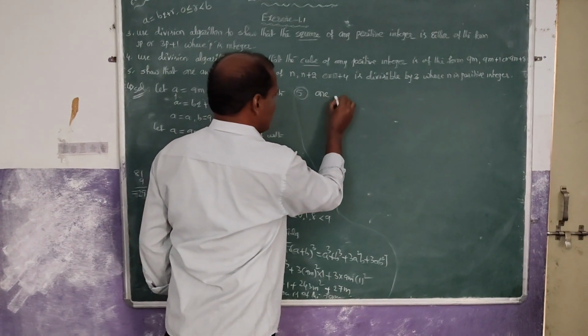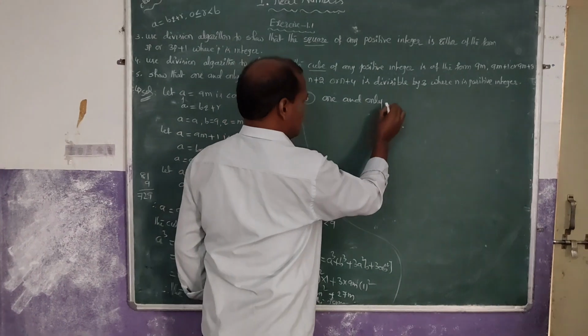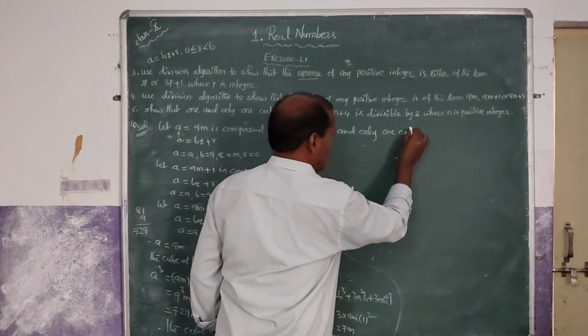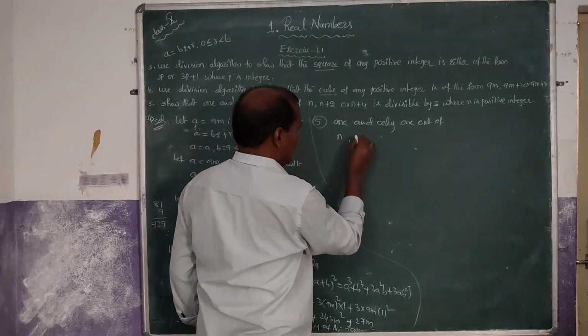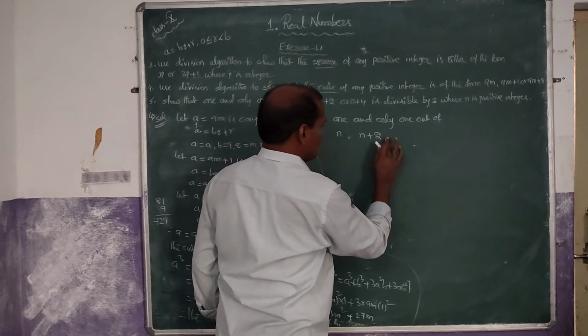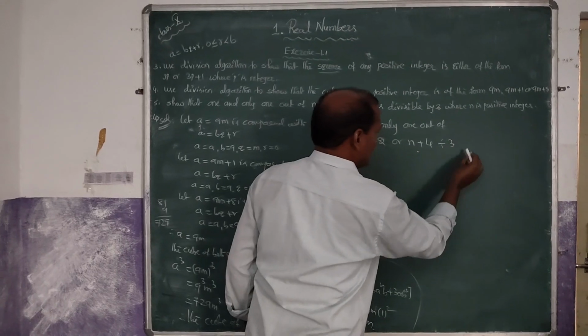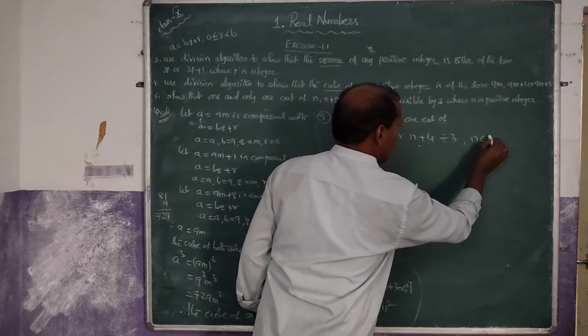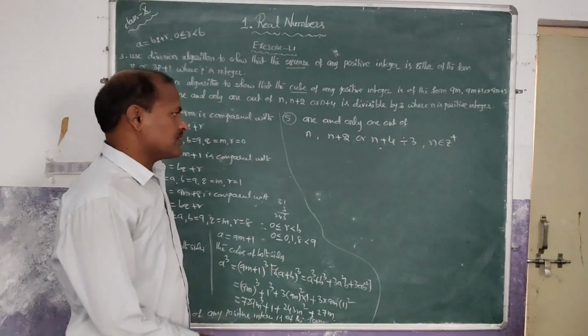Show that one and only one out of n, n plus 2 or n plus 4 is divisible by 3. n belongs to positive integers, which means natural numbers.